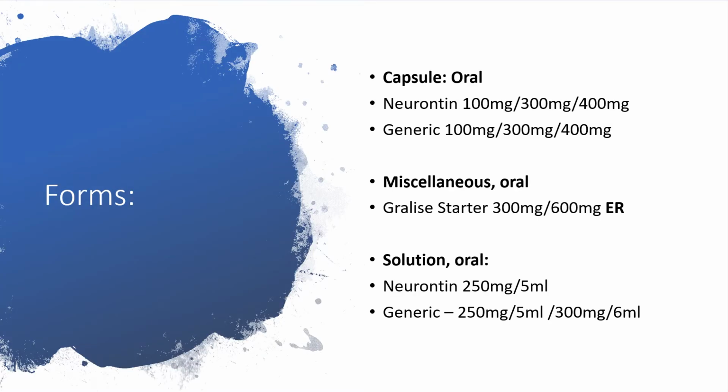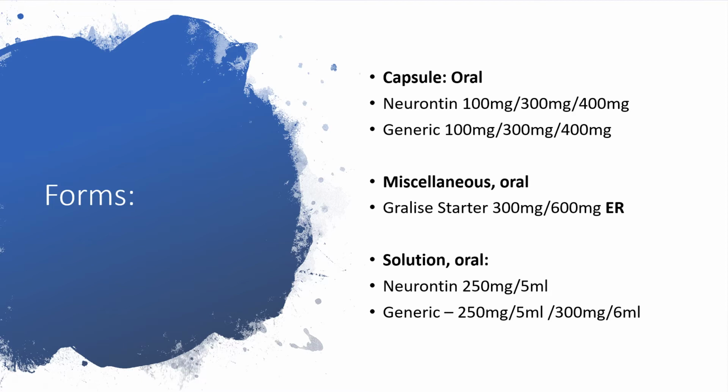Gabapentin could appear in various forms. For example, it could come in the form of a capsule taken orally, and there we can have Neurontin at 100 milligram, 300 or 400 milligram, and also generics in 100, 300 or 400 milligram.